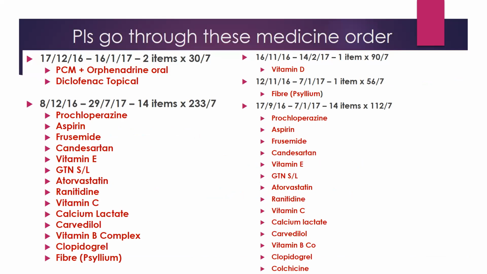I would like you to take 1 minute to go through this list of prescription issues from 2016 until 2017. This is before the implementation of Brew Health. With Brew Health, this can be overcome because the prescribing list is synchronized between the health clinic and the hospital, but not with the private sector.